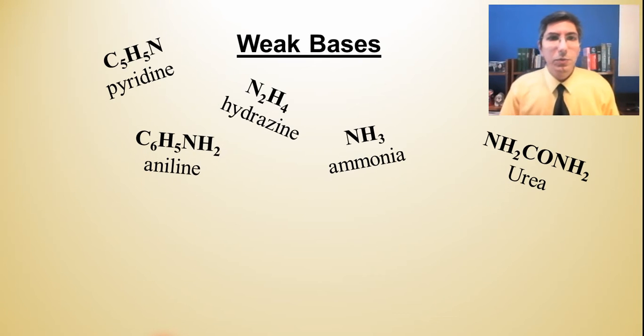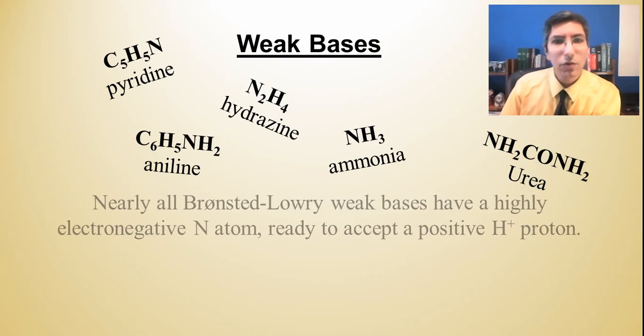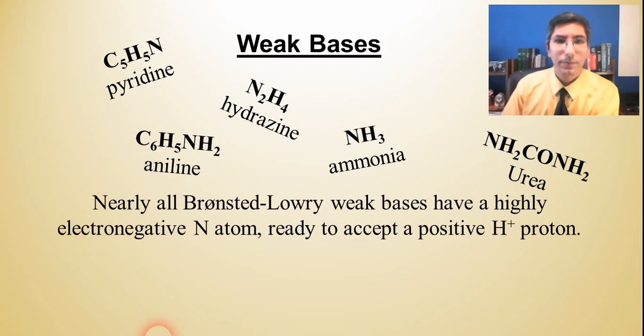Now, as we look at these weak bases, you might notice that they have something in common. They all have hydrogen and nitrogen in their formulas. Generally speaking, almost all of the Bronsted-Lowry weak bases that we deal with in general chemistry and in AP Chemistry are going to have that nitrogen atom in there.